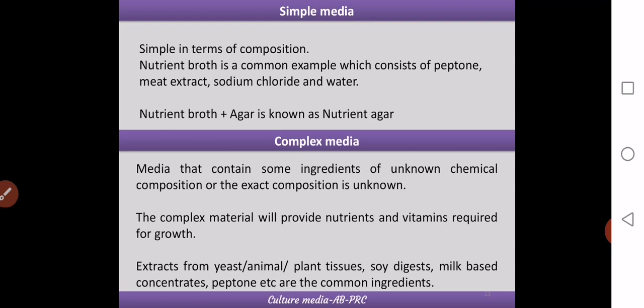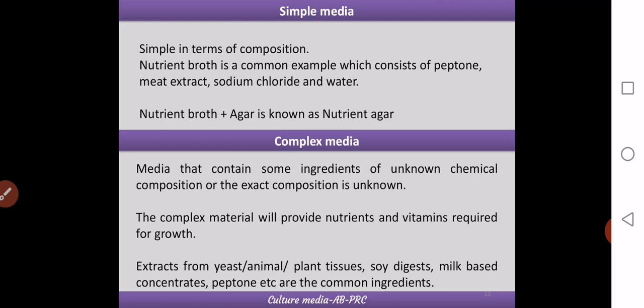Now the second class is complex media, which usually contain some unknown chemical composition. That means all the components are not known, right? The exact composition of the media will not be available, but it's definitely a complex nutrient material.